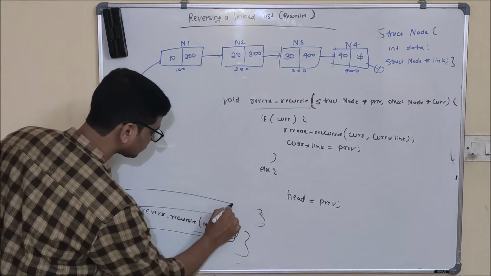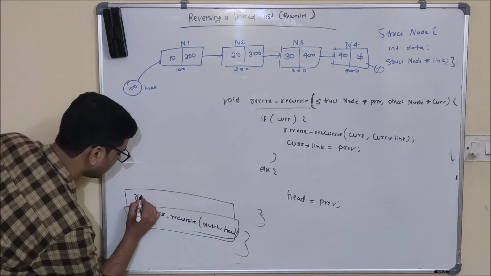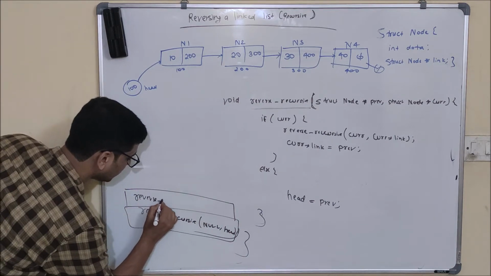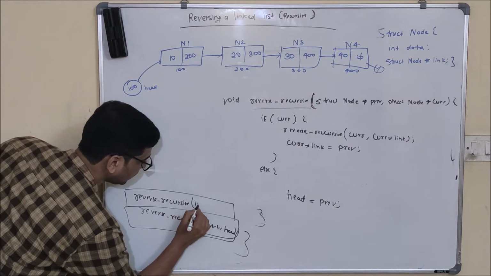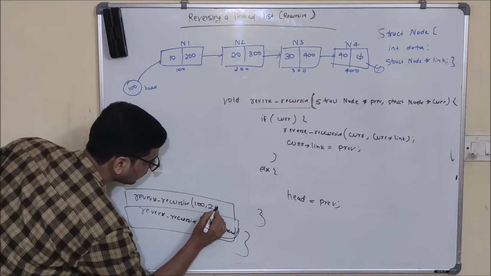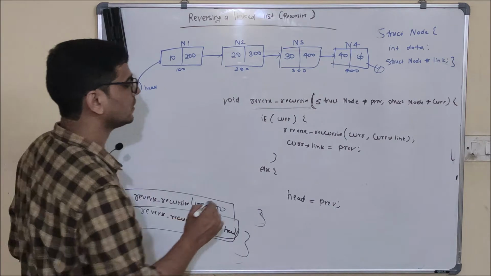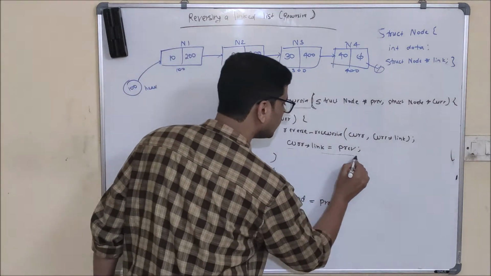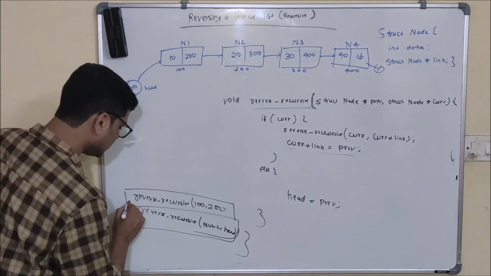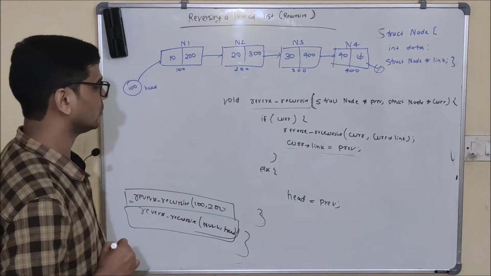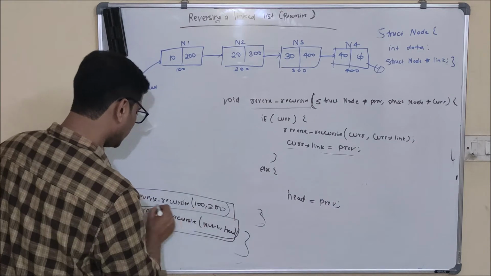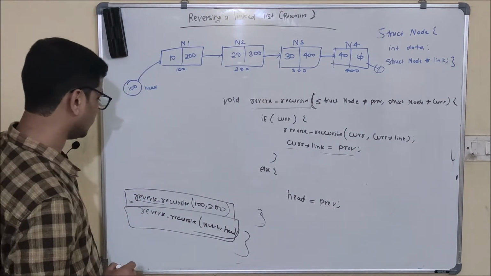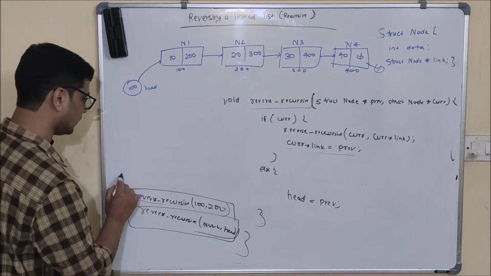That is, a call will be made to reverse recursive 100, 200, and this line will be on hold for this particular function. Now see what will happen when the function call is made to reverse recursive 100, 200.